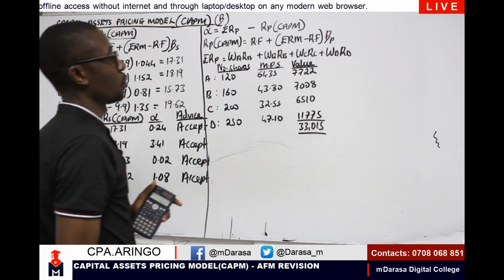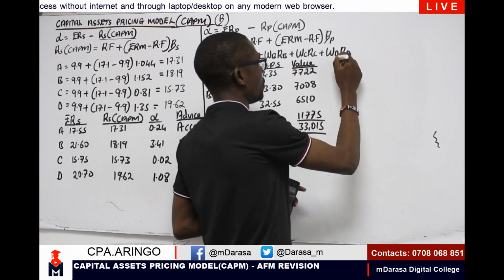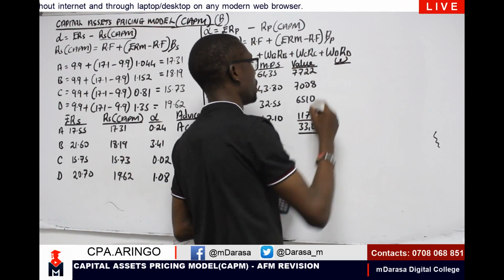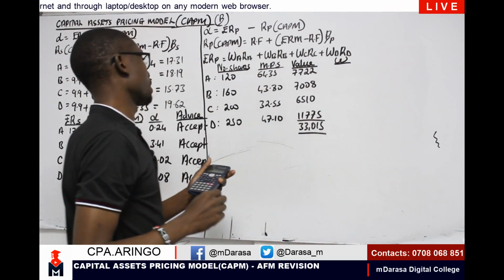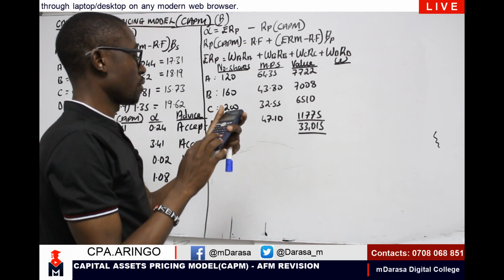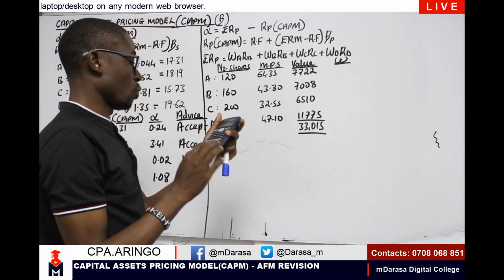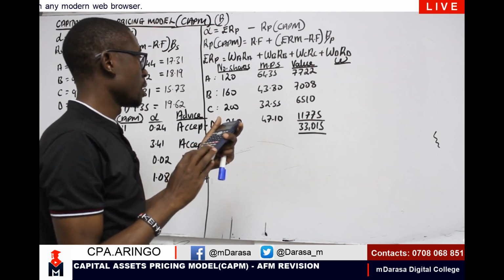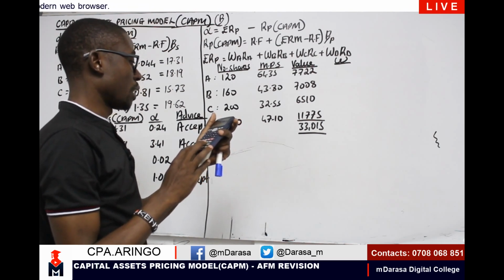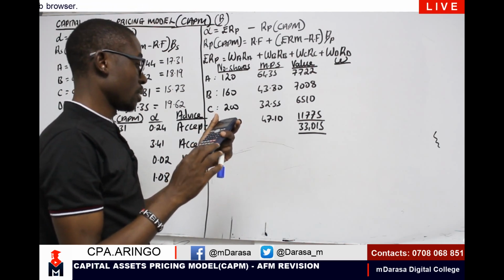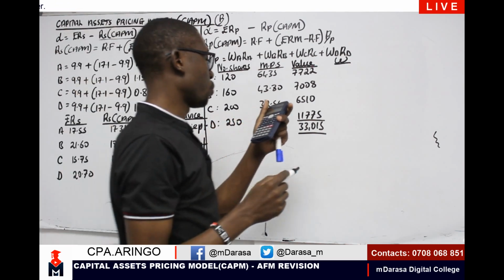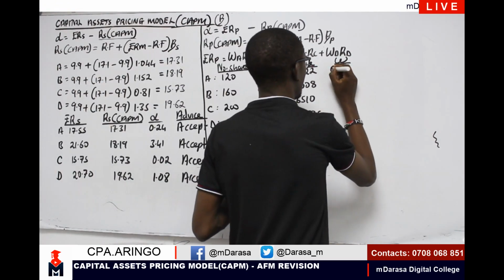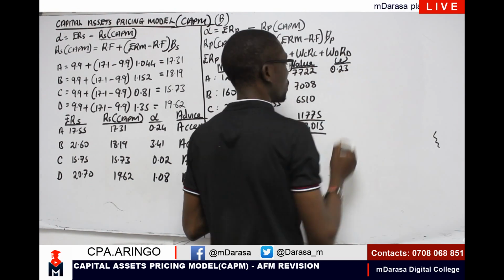So having that, can you determine our weight? That will be very easy, because for investment A, I have 7722. We want to determine the proportion of that to the total, right? That is what we are talking of, the weight. So 7722 divided by 33,015 gives me 0.23.